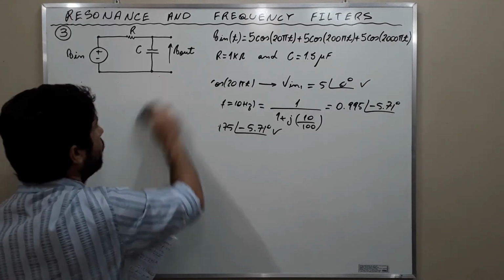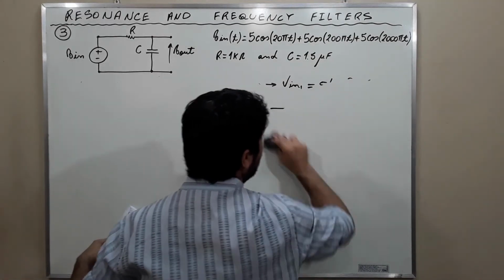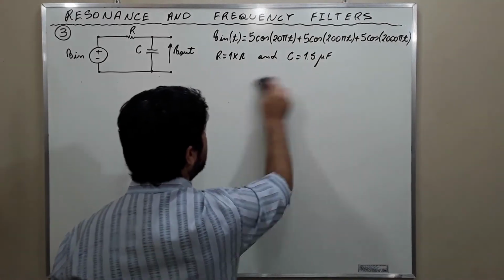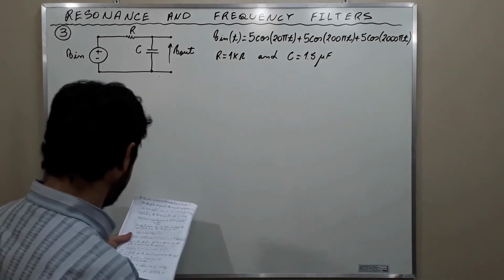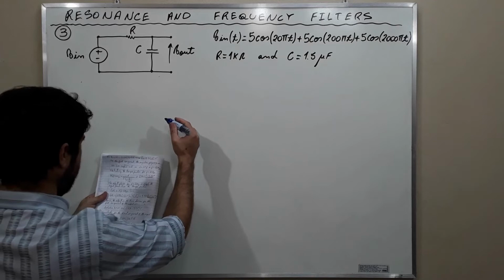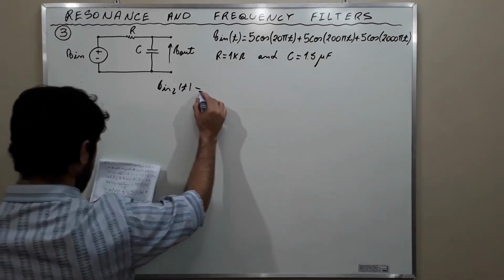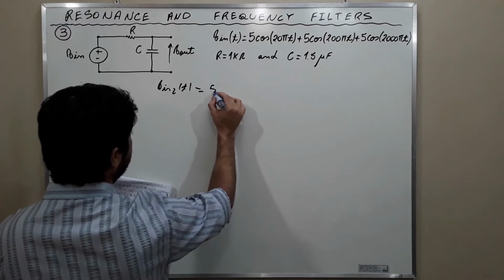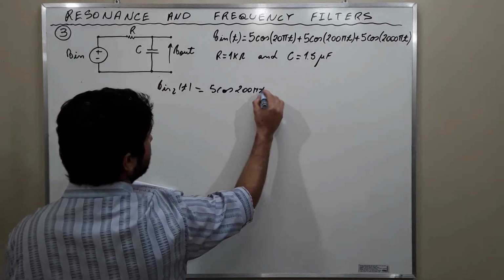It is easy once you've understood how we do it. We are going to repeat the process for the second component. Okay, similarly for the second component, V in 2 of t is equal to 5 times the cosine of 200 pi t.